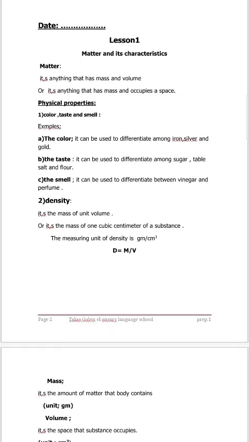B. In taste, we can differentiate among sugar, table salt, and flour. And letter C, in the smell, it can be used to differentiate between vinegar and perfume. This is number 1 of physical properties of matter: color, taste, and smell.